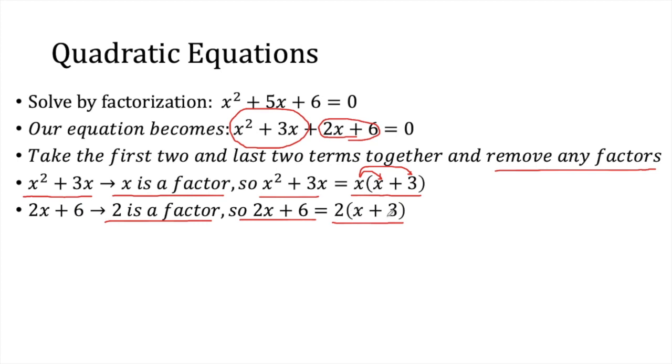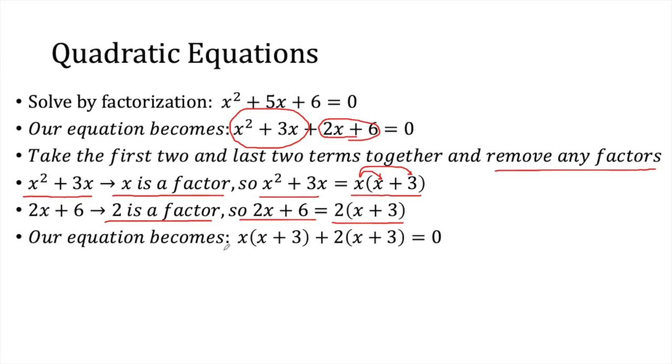Next, we rewrite our equation as x(x + 3) + 2(x + 3) = 0. Now you may notice that both the binomials are x + 3. Therefore, we can add 2 and x and multiply the whole thing with (x + 3), and it would mean the same thing.